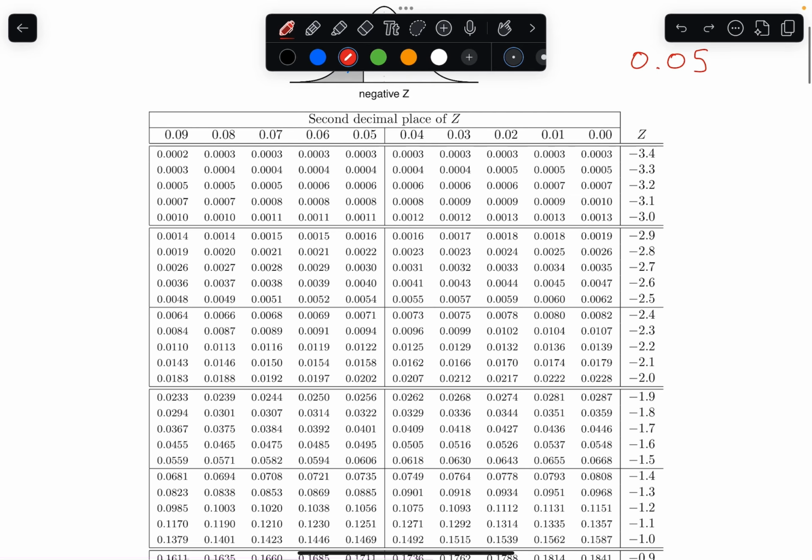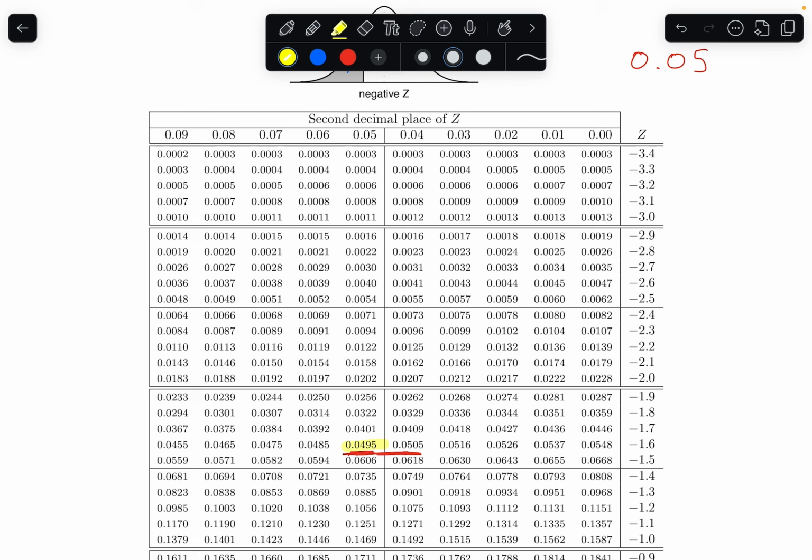So 0.05. I'm already kind of looking at this row right here, that's too many decimals. I want 0.05. Here's 0.0505, and here's 0.0495. So I'm actually kind of looking, it should be roughly halfway between these two. It is technically closer to 1, and I'll just give that to you.